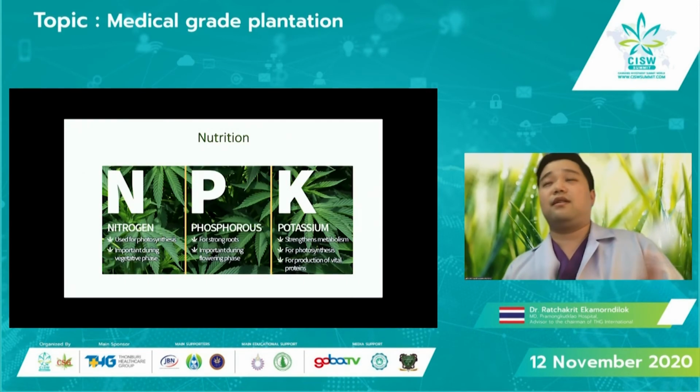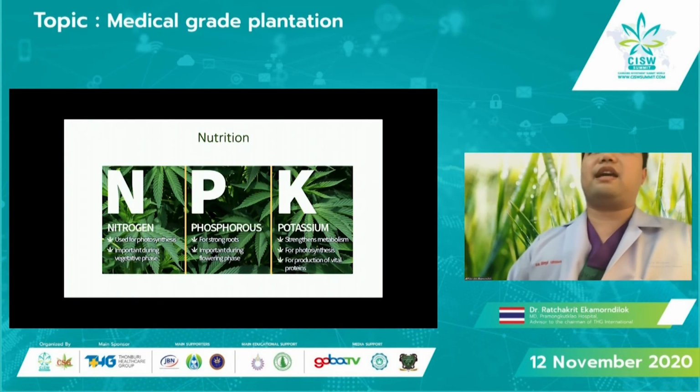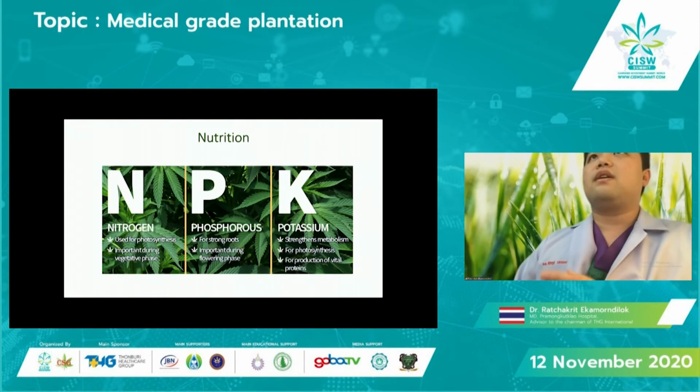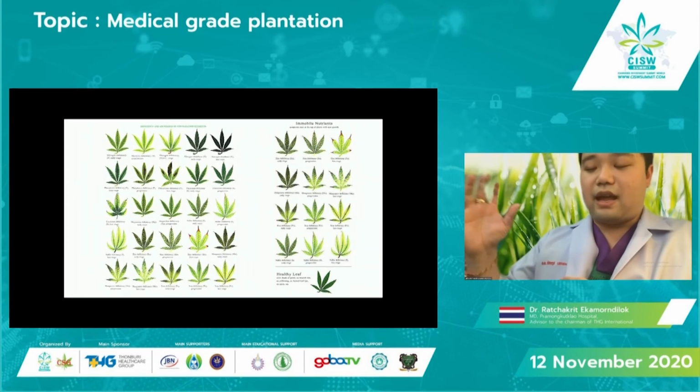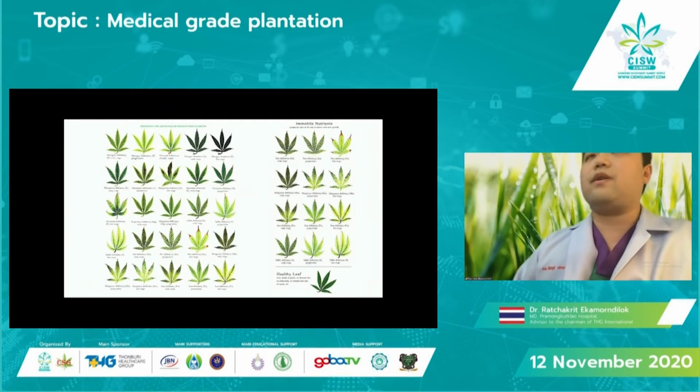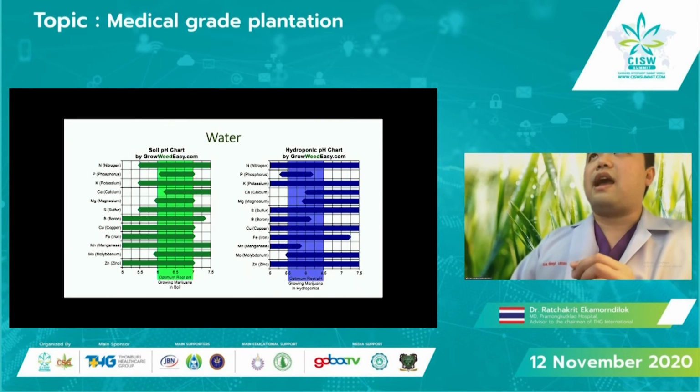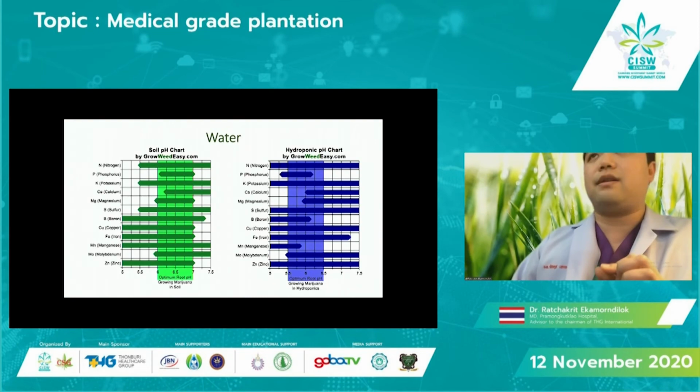Nutrition. The basics are N, P, and K, but no doubt your cannabis needs very specific micronutrients as well for good health. And the water and the pH are very important when you go medical cannabis.